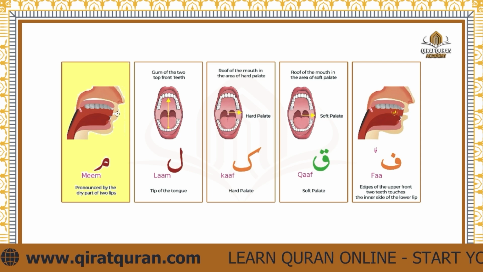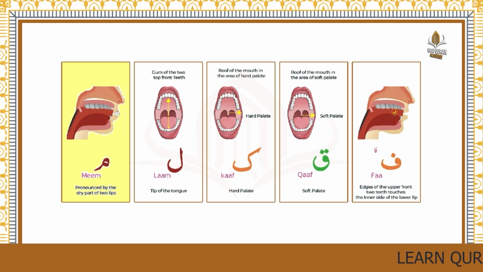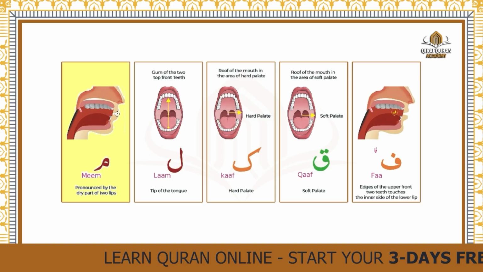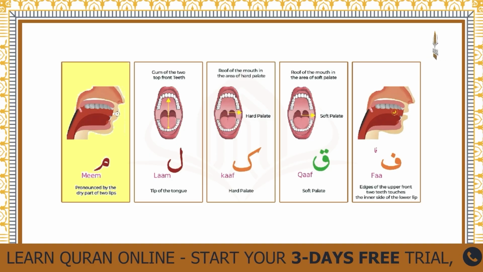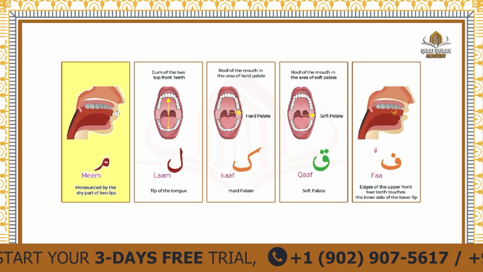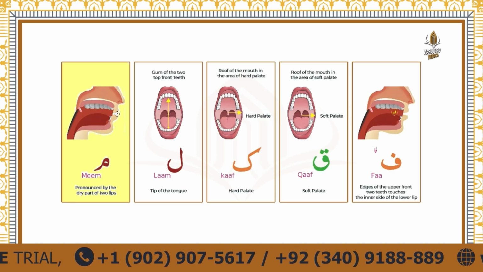Try to read it accordingly. Mim. The dry part of two lips will connect to one another. This is the dry part of the lower lip and then the dry part of the upper lip. Mim.